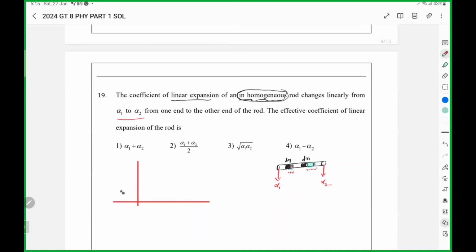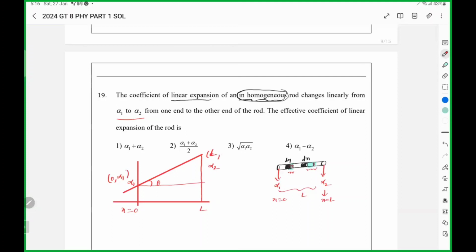At x is 0, the length of the rod, let us say it is L, at x is L. At x is 0, alpha 1 is the coefficient of linear expansion. At x is L, the coefficient of linear expansion is alpha 2. So this is theta. Here 0, alpha 1.